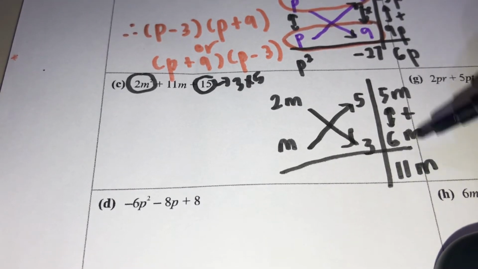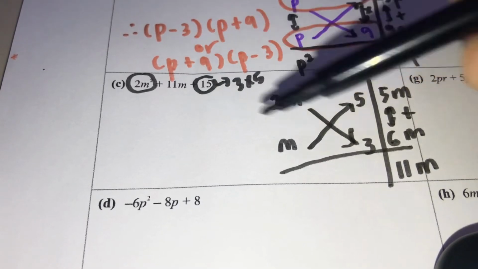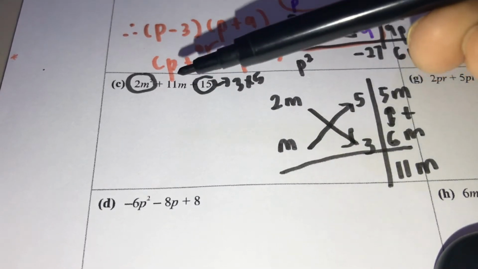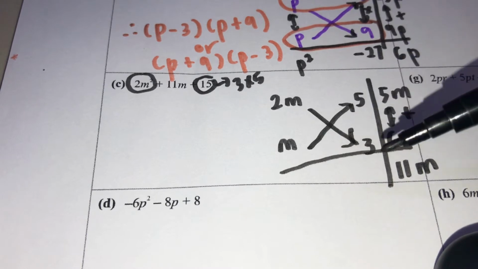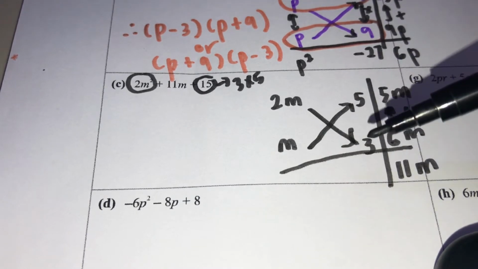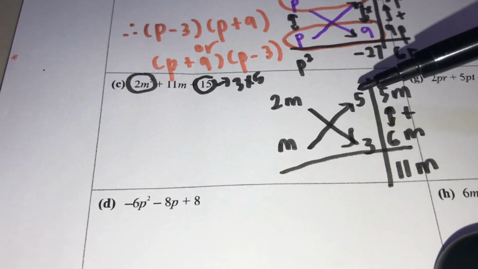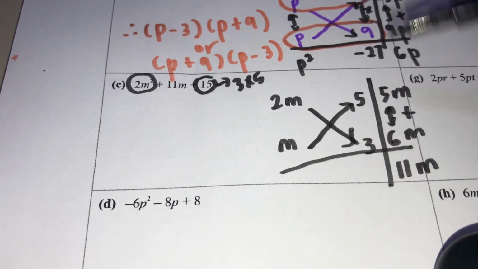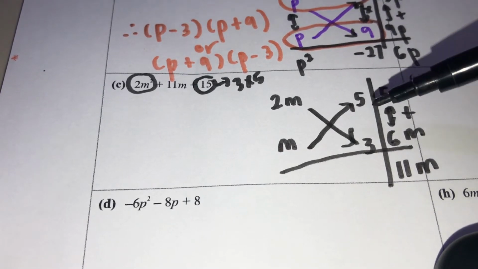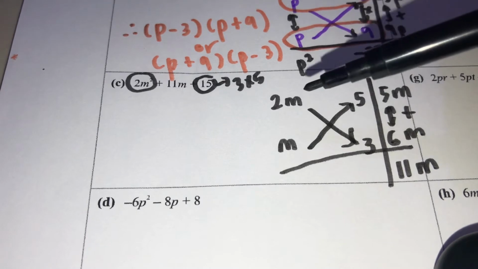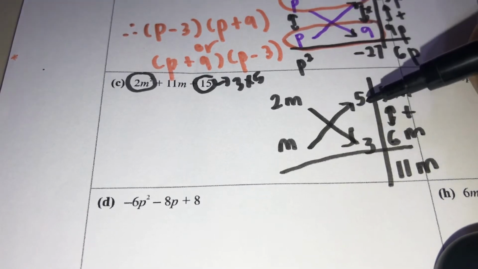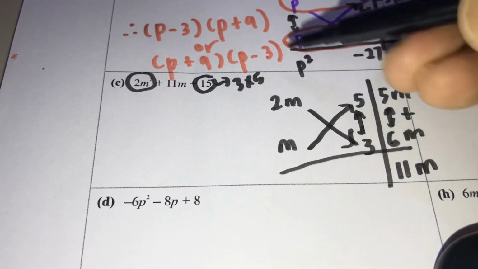If you get 11m, then you compare to this. Here 11m, here 11m, so correct. Here 5, here 3. If you cannot find 11m, you change the value. You put 3 here, 5 here, like that. You have to try. But this one is correct. Here 5, here 3. Now try this one, multiply 5 times 3, 15.